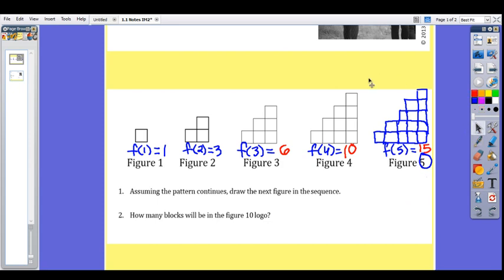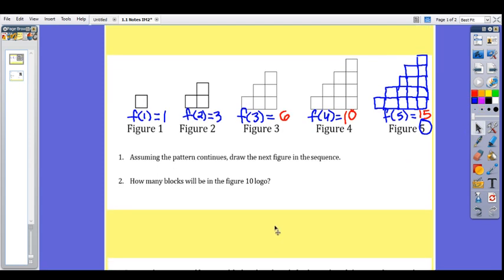Now it is asking, if the pattern continues, how many blocks will there be in the figure of 10? So then think about it. If it is f of 5, then it starts with 5, then 4, then 3, then 2, then 1.